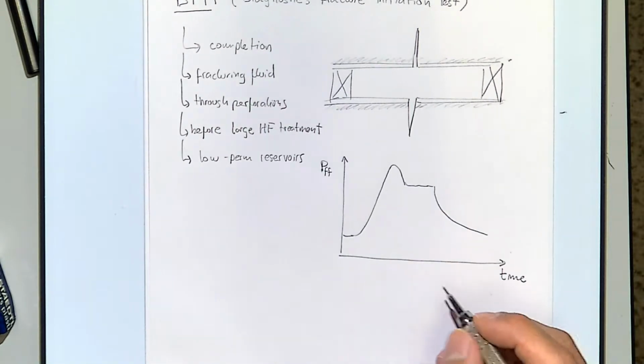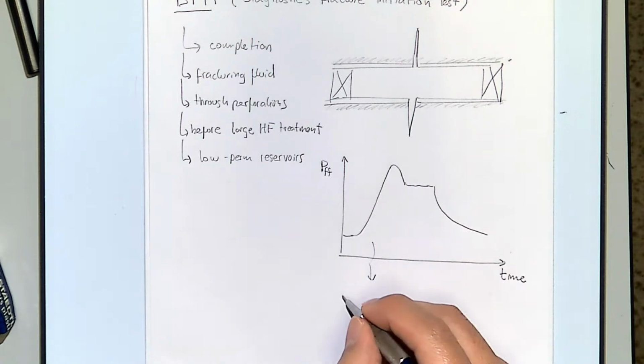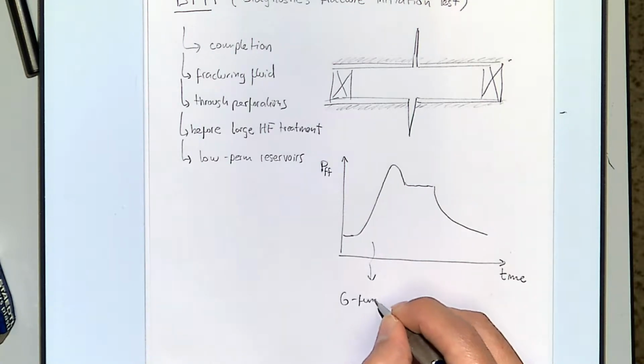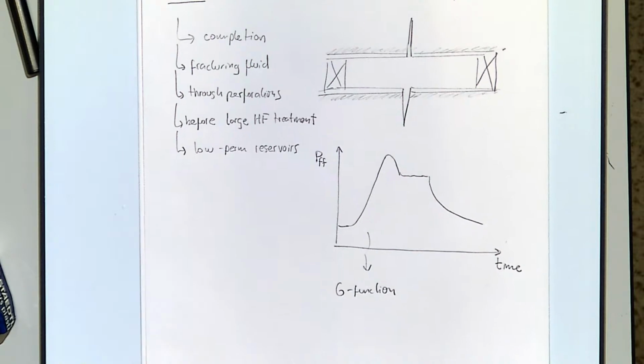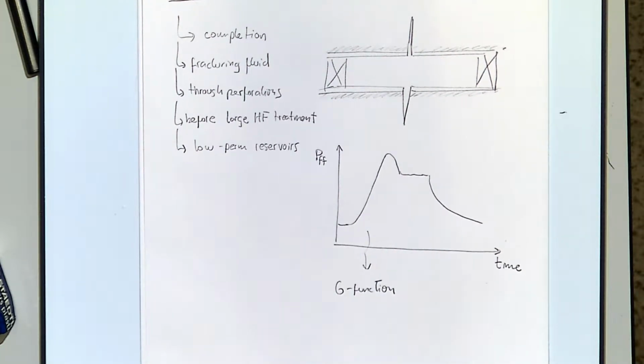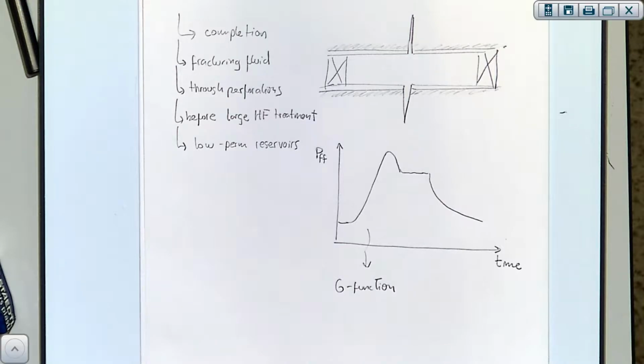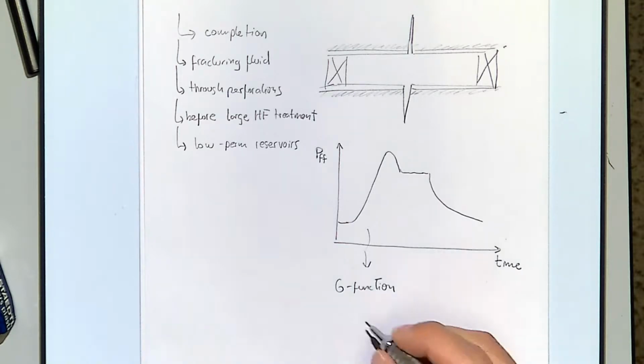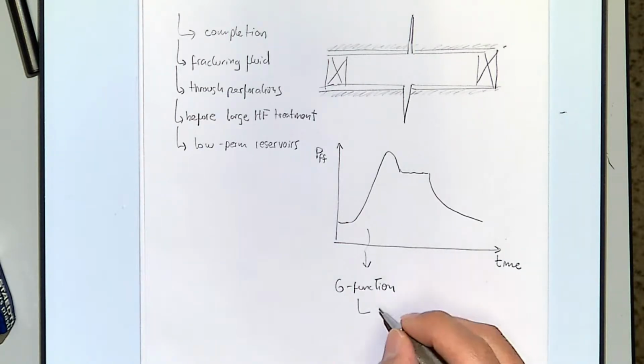And some people use what is called a G function, and it's basically a way of converting the pressure data into something that you can associate with different types of flow regimes and with fracture propagation modes.